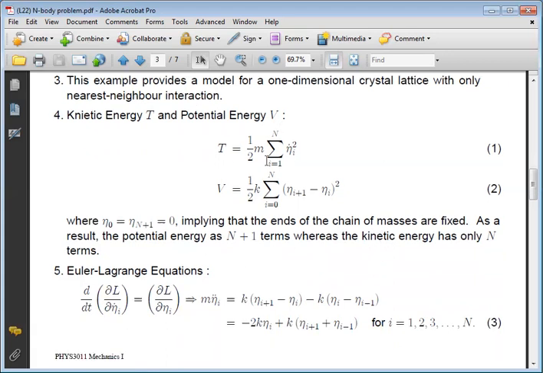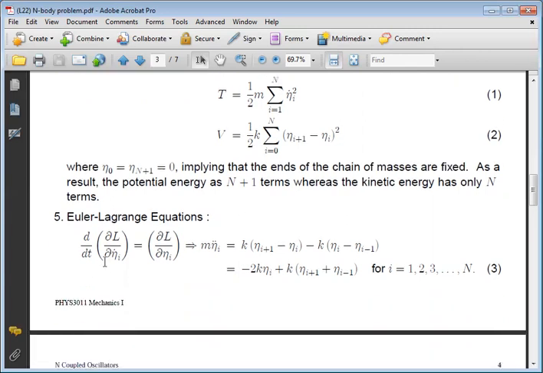Now, once the kinetic energy and potential energies are available, we can construct the Lagrangian as T minus V. All right. Once we know the Lagrangian, we can write down the Euler-Lagrange equations.